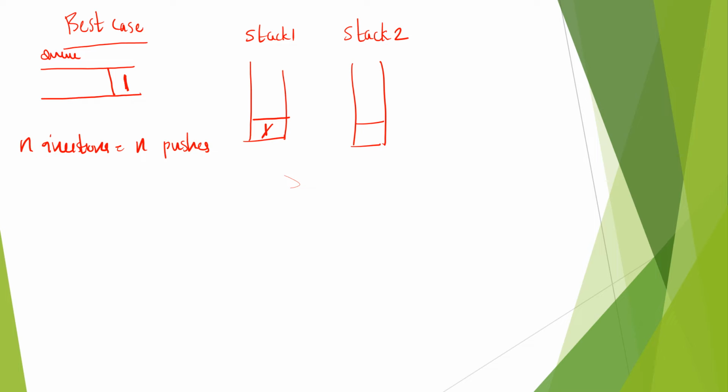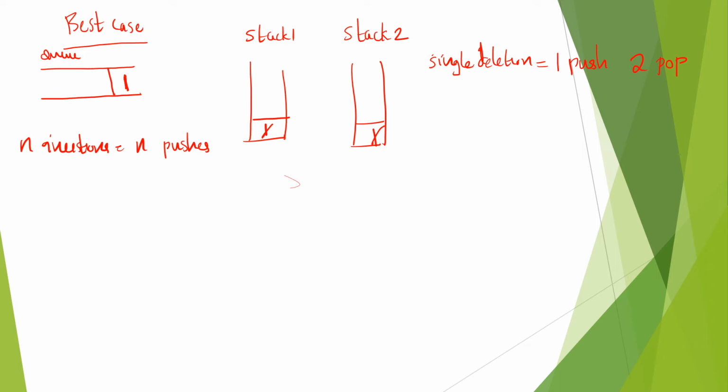So pop this element, push this element, then pop. That means for a single deletion, we require one push and 2 pops.